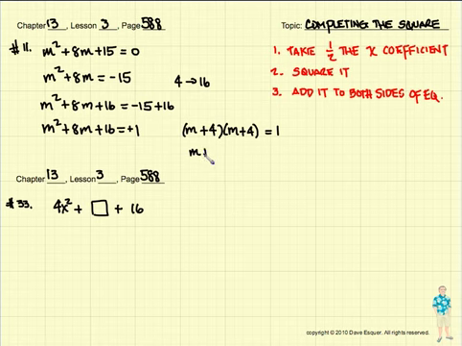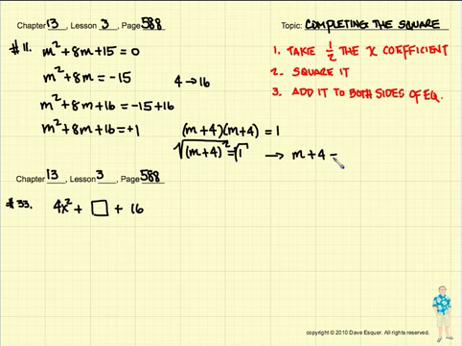So m plus 4 squared is equal to 1. So what we're going to do is take the square root of both sides. This gives us m plus 4 is equal to plus or minus the square root of 1.